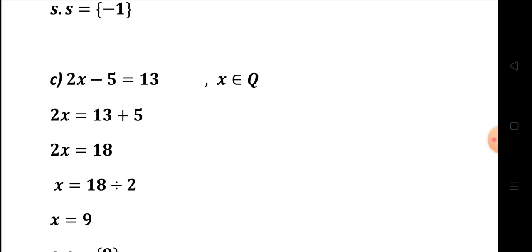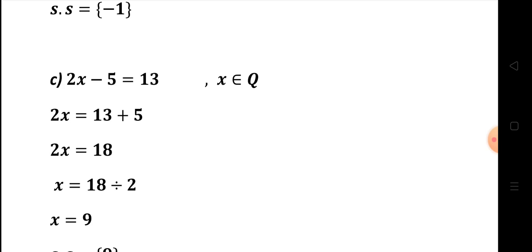So, when I want to write x alone, I will move the two numbers to another side with the opposite operation. At the first, I will start from the number which is beside plus or minus. So, I will move here number 5 first to the other side with the opposite operation which is plus. So, 2x equals 13 plus 5.